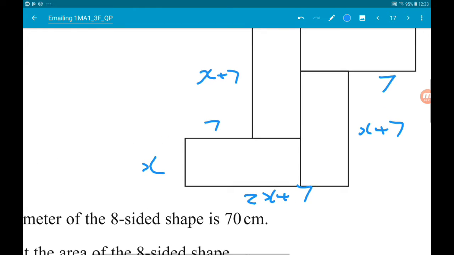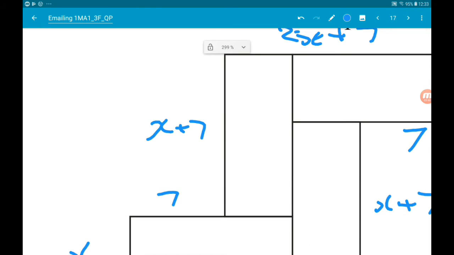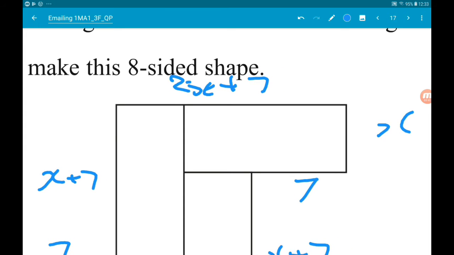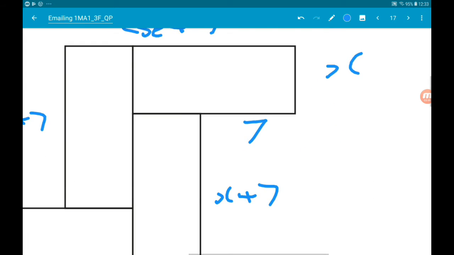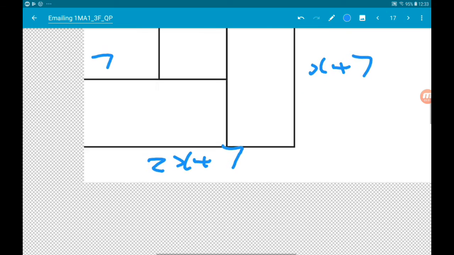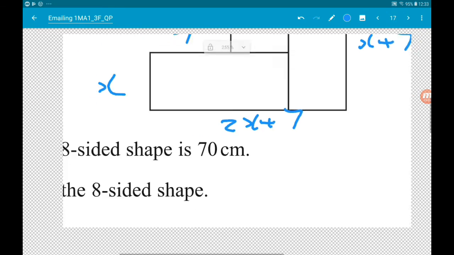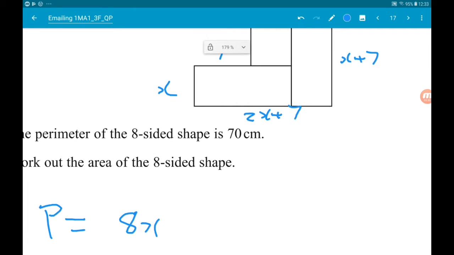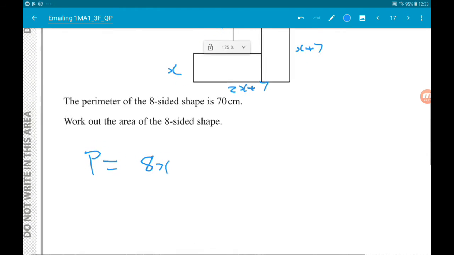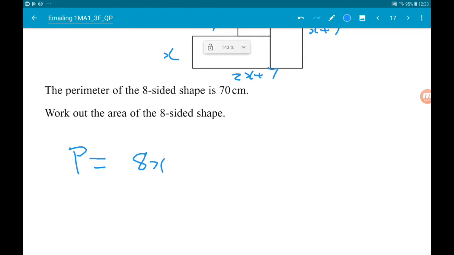And then we have 7, 14, 21, 28, 35, 42. So the perimeter in terms of x is 8x plus 42. Now we also know the perimeter is 70. So we can set this equal to 70.